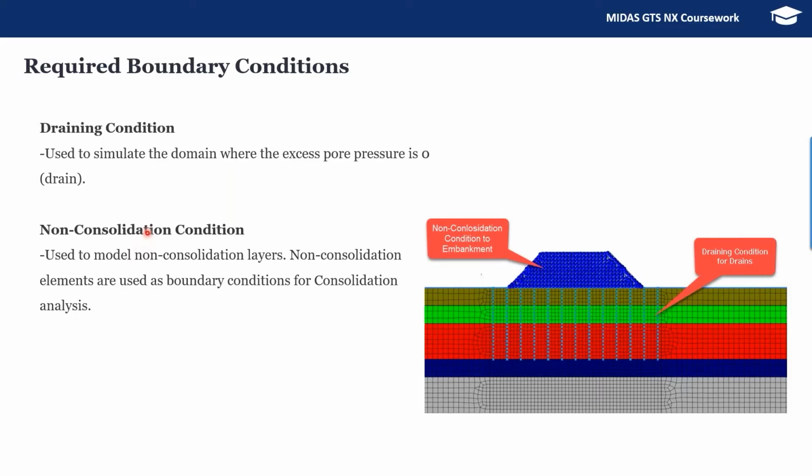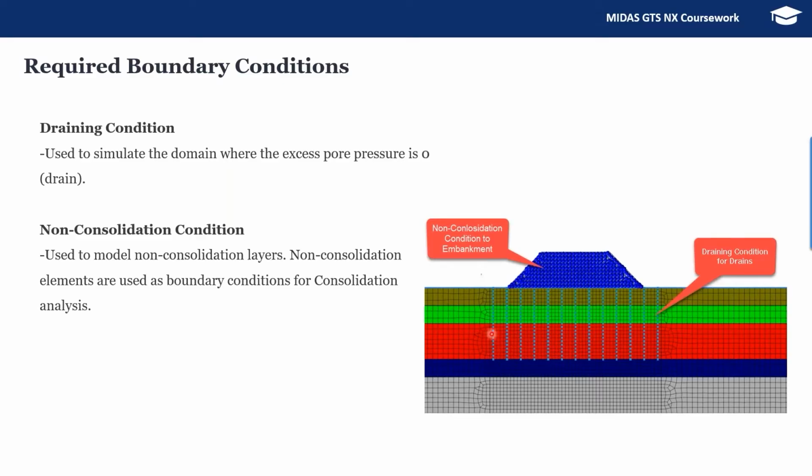Yeah, I forgot to say one thing. What does this drainage condition do? Because of this drainage condition, all the excess pore pressure being generated at these nodes will be nullified, that means considered as zero. So all the excess pore pressure at these nodes will be zero. Because of that, all the pore pressure will come through these vertical drains and become zero.